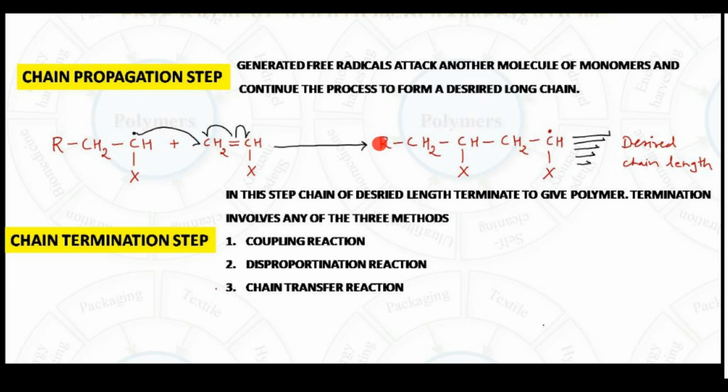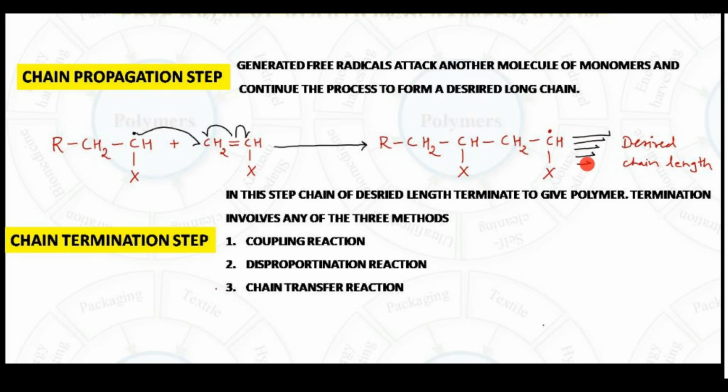You see R, CH2, CHX, R, CH2, CH2X. This gets connected with the CH2. This is CH2, and this will become now the single bond. This is single, and this is the odd electron here. This is X, right? So here you can see I have shown you 1, 2, 3, 4, 5 arrows, right? So these 5 arrows mean that the reaction is going on, right?